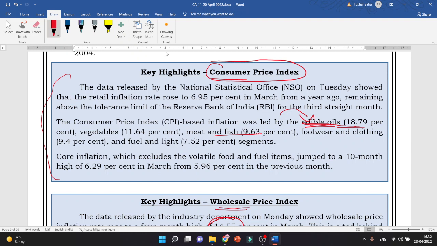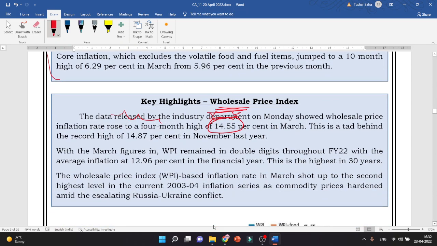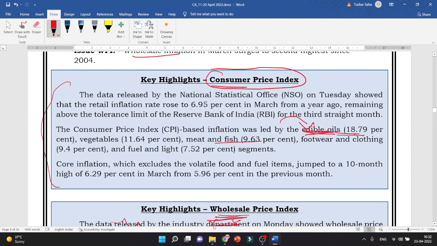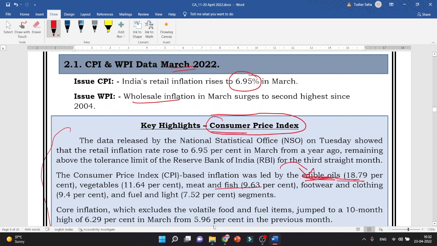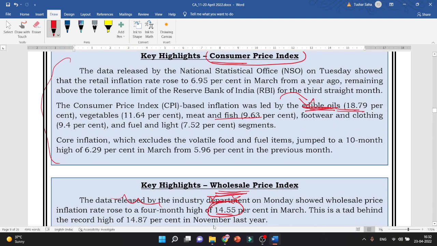And if the price increases for them, then we can say that the price on the wholesale market has increased. So you see, wholesale price index is 14.55 and retail price is 6.95. So somewhere or the other, you see this 8 to 9% difference, this would align.